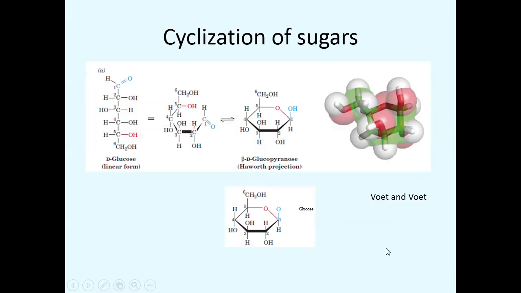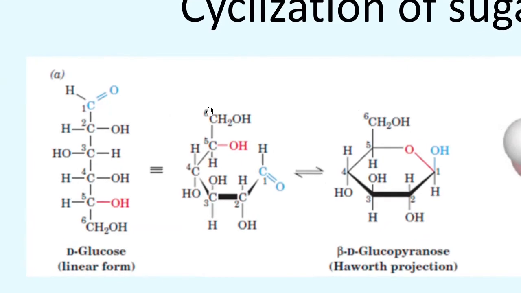This figure shows the process of cyclization of glucose, an aldohexose. The straight chain form is shown here. But this illustration does not accurately represent the bond angles. We know that when carbon atoms form 4 single covalent bonds, the bond angles are around 109 degrees, not 90 degrees as shown in the straight chain representation.